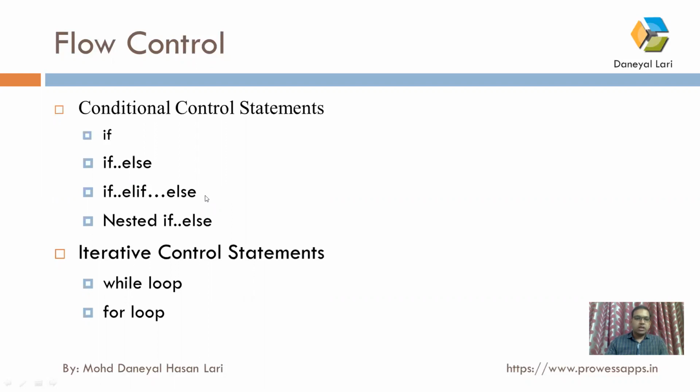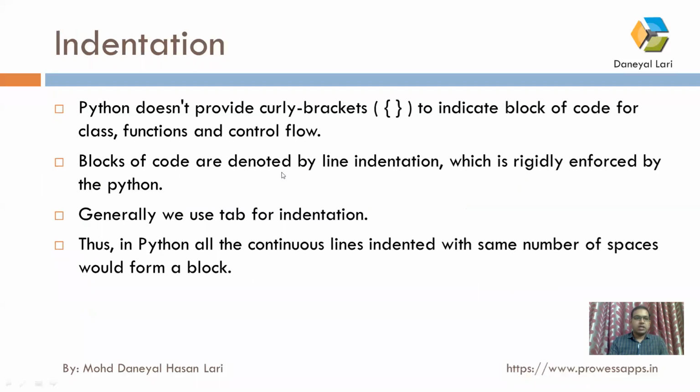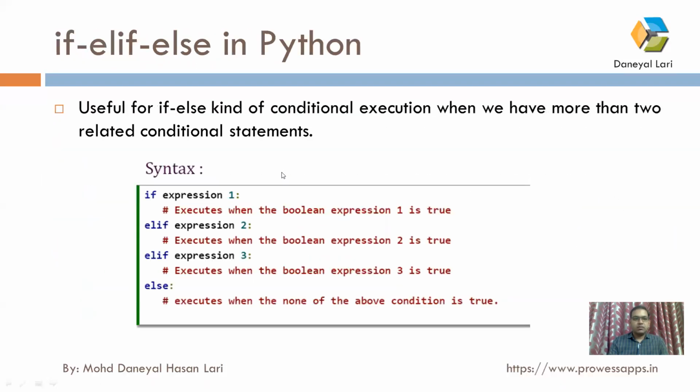First of all, I'll show you what the syntax is, and after that we'll use it in an application. It is useful for conditional execution when we have more than two related conditional statements. More than two related conditional statements means, suppose you have a number of conditions, but you want that if any one of them gets true, then your code should execute.